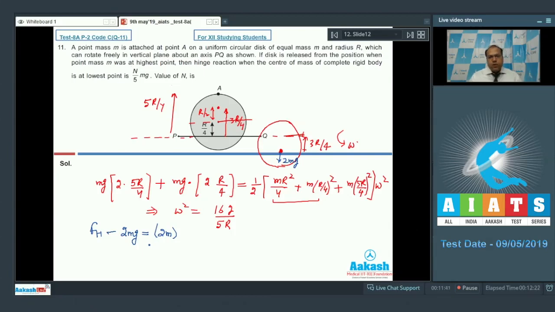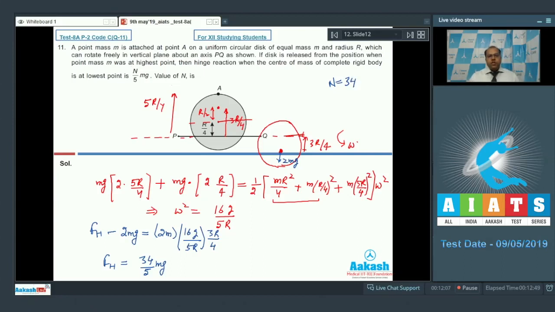So AC is omega square r. So the value of omega square is 16g by 5r, into the value of r, which is 3r by 4. So if I solve this, the hinge reaction comes out to be 34 by 5 mg. So on comparison, the value of n is 34.